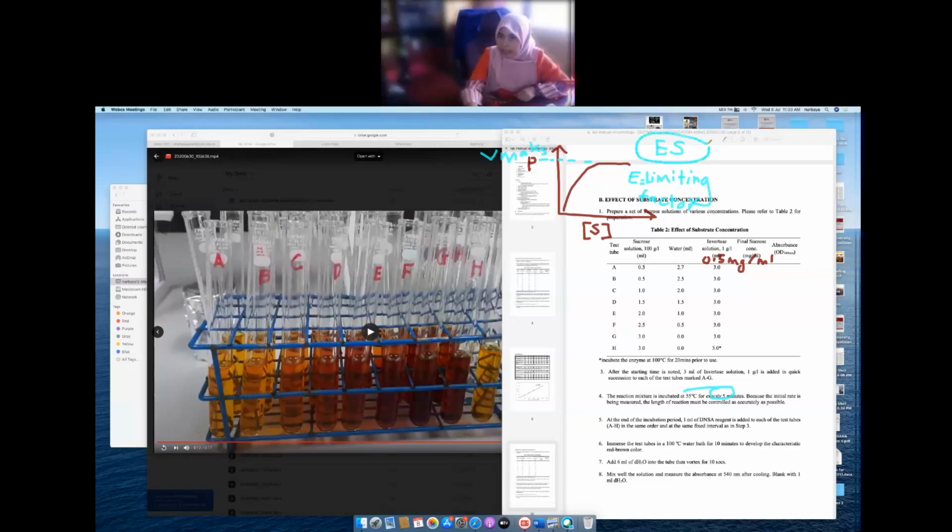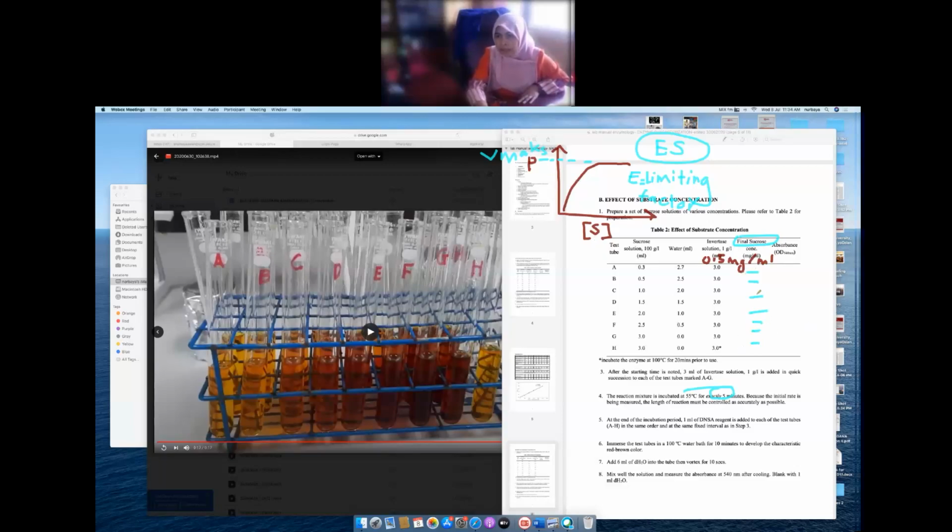Once the ES forms and then forms product, that's it. So for this graph, we have the maximum product called Vmax against the substrate. You can calculate the sucrose concentration using a similar formula, so that each tube has a different substrate concentration.